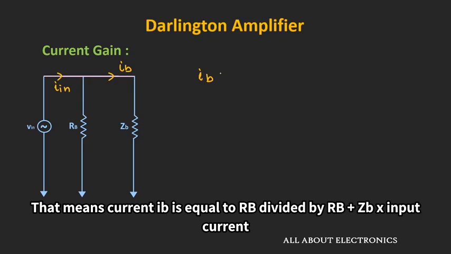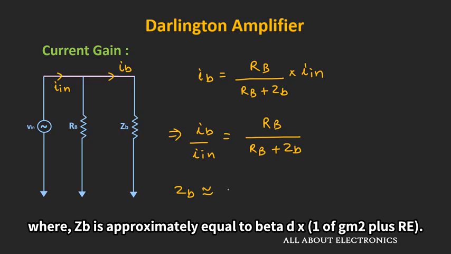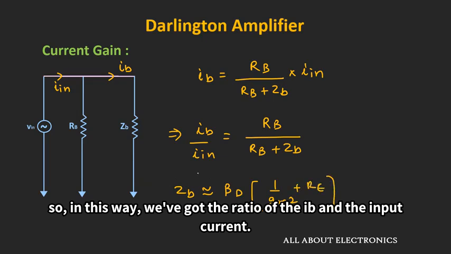That means current IB is equal to RB divided by (RB plus ZB) times input current. Or we can say that this IB divided by input current is equal to RB divided by (RB plus ZB), where ZB is approximately equal to beta D times (1 over gm2 plus Re). So in this way, we got the ratio of the IB and the input current.